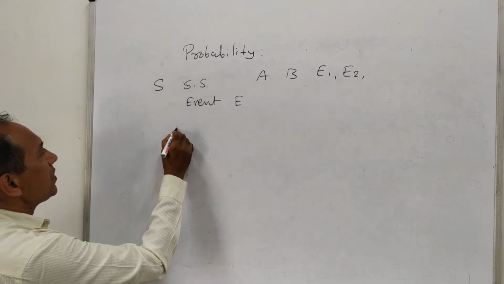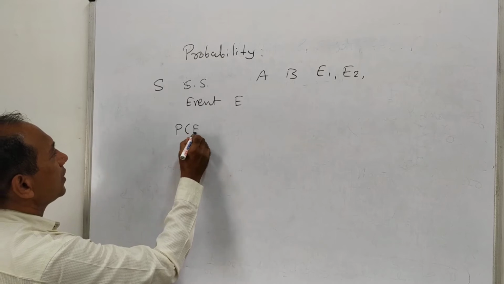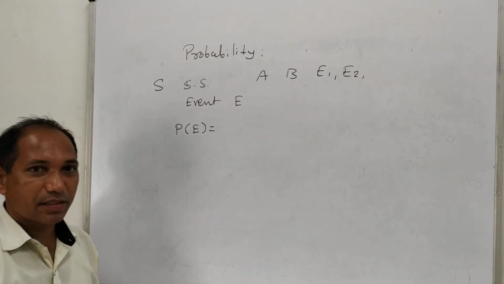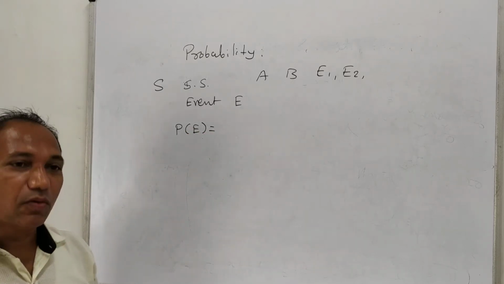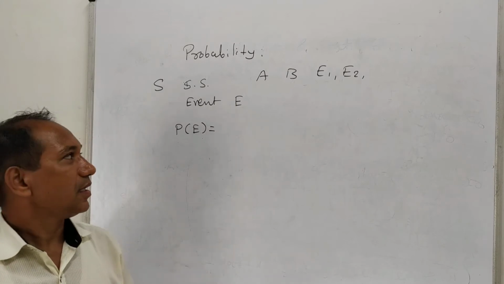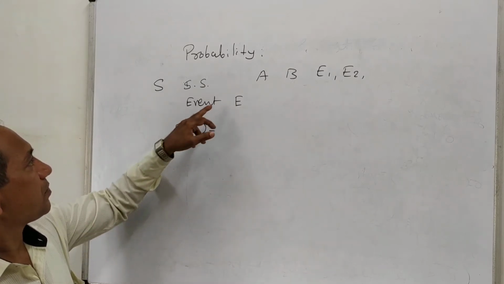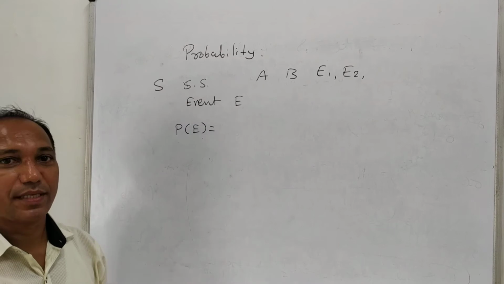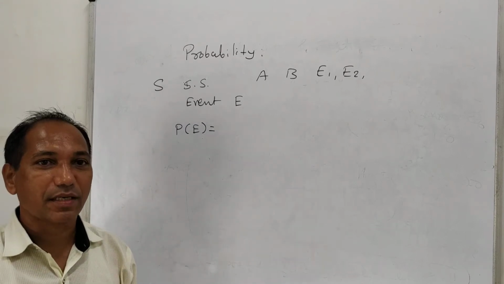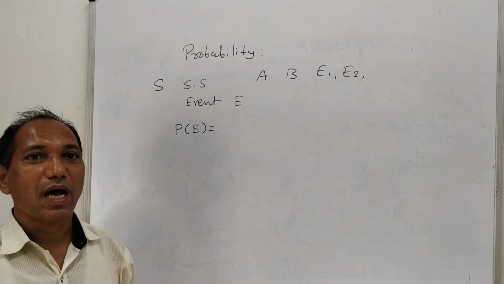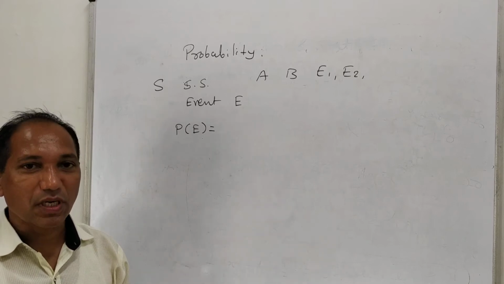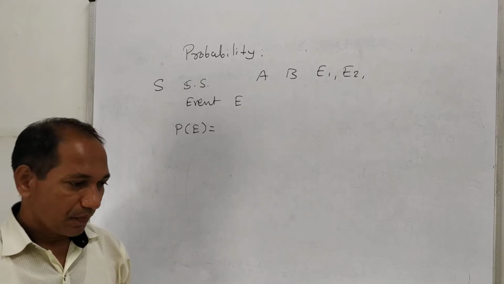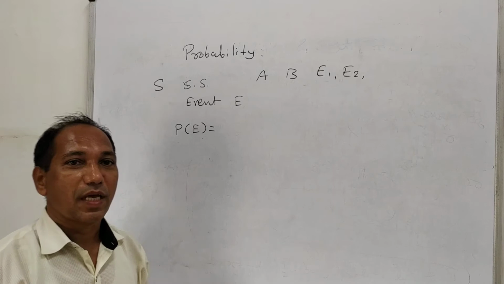Once again I would like to repeat that an event is nothing but a subset of the sample space. A sample space is the set containing all possible outcomes during the random experiment.